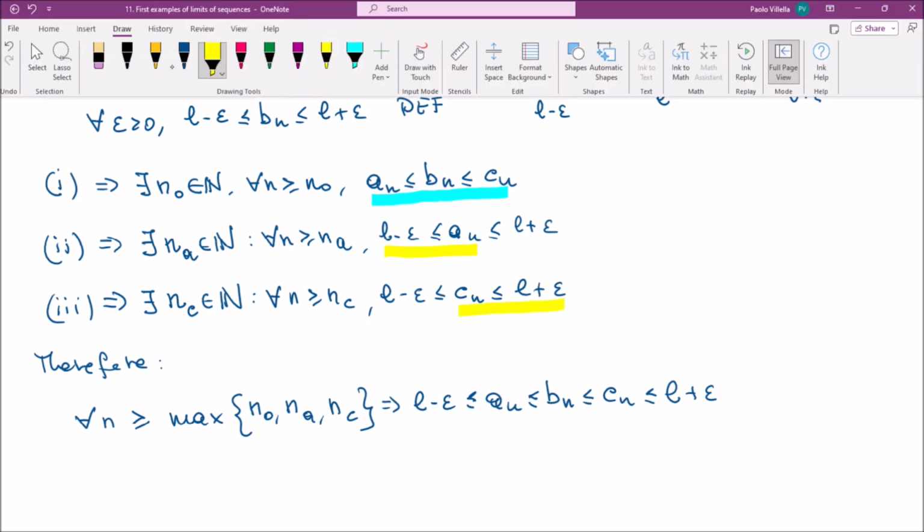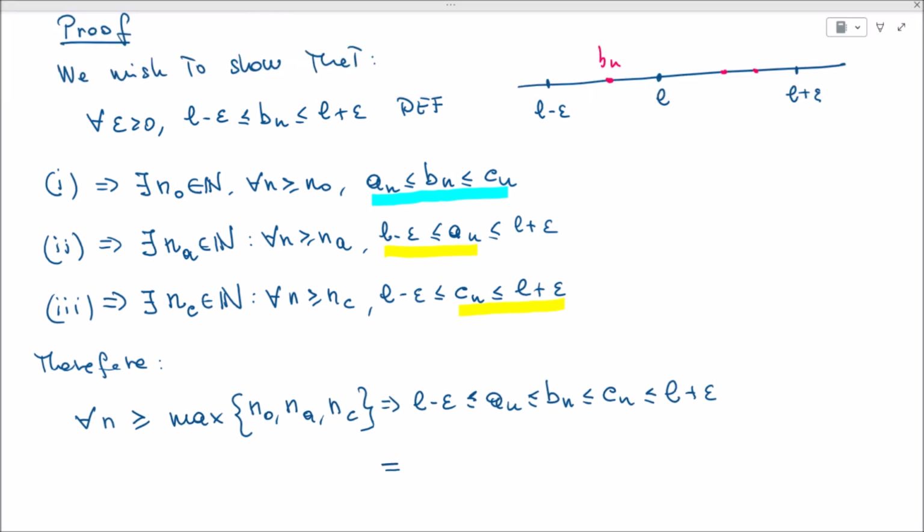But this implies that Bn will be between L minus epsilon and L plus epsilon, which proves the theorem.